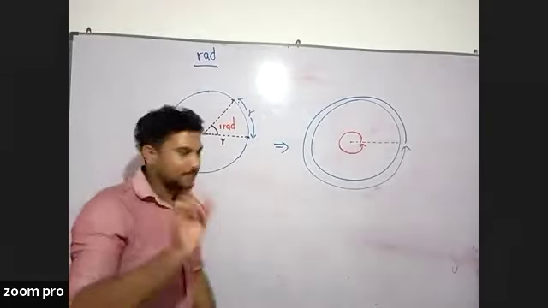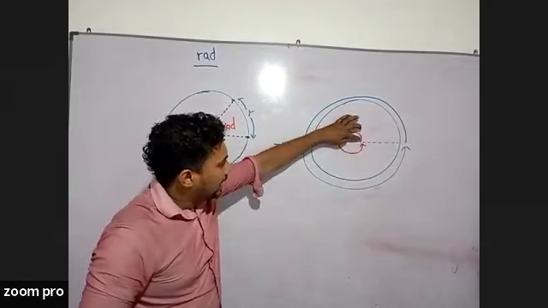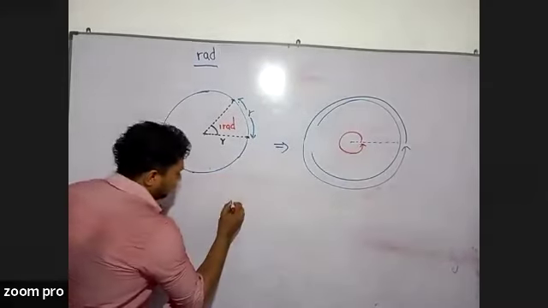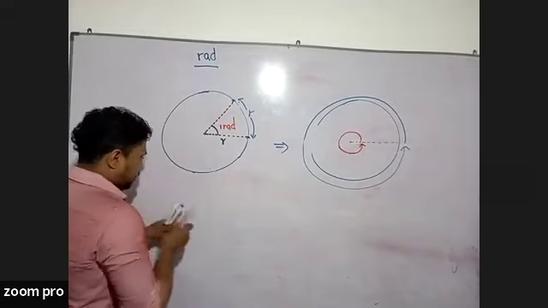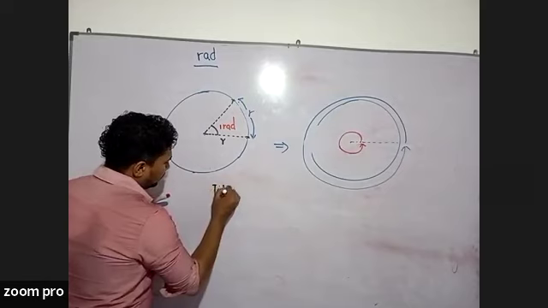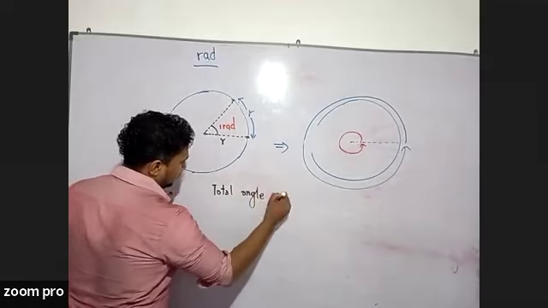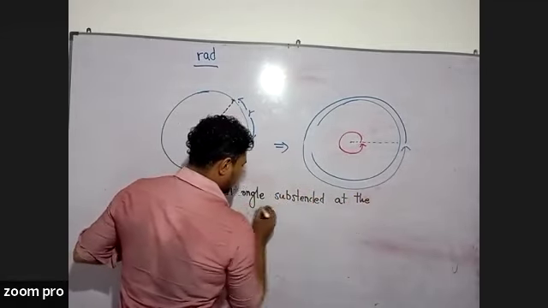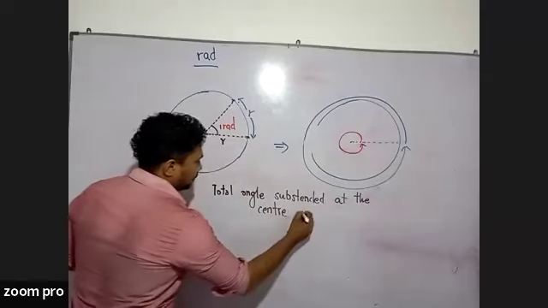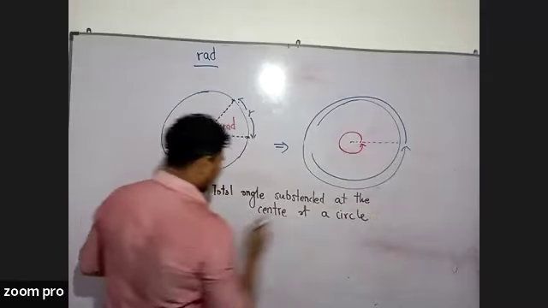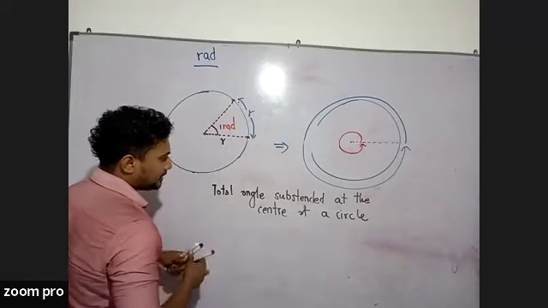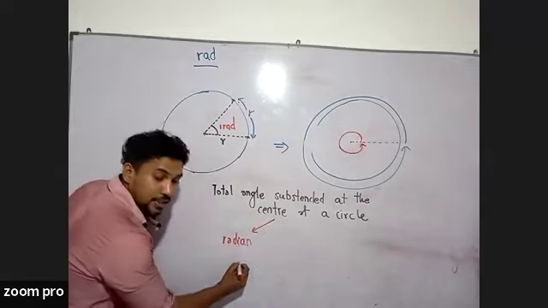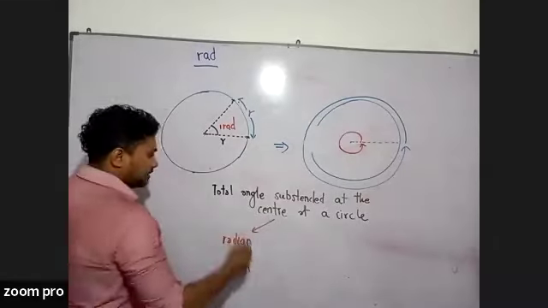Guys, we have learned that the total angle subtended at the center of a circle in radians is equal to 2 pi, isn't it?